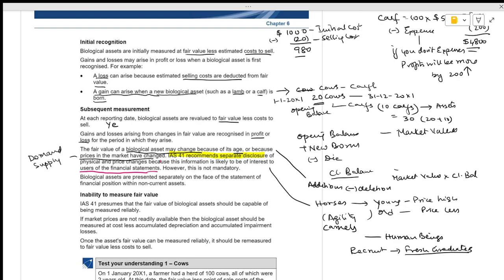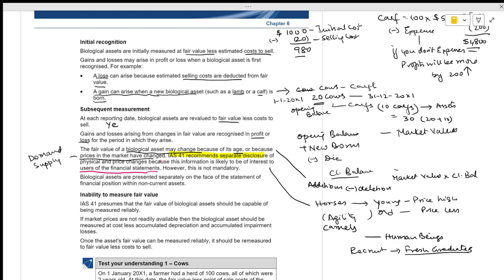The people will import poultry from foreign countries. Brazil chickens, Brazil poultry is there. You talk about beef, you talk about sheep, you talk about various things. There is export and import. More or less it's a very commercial activity. Because the information is of interest to users of financial statements.